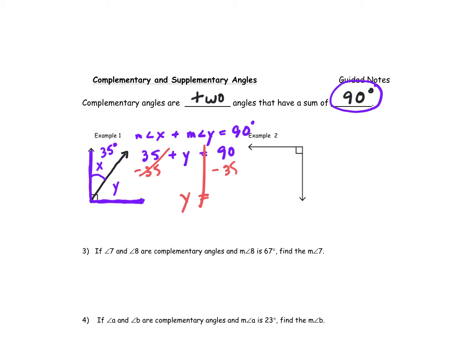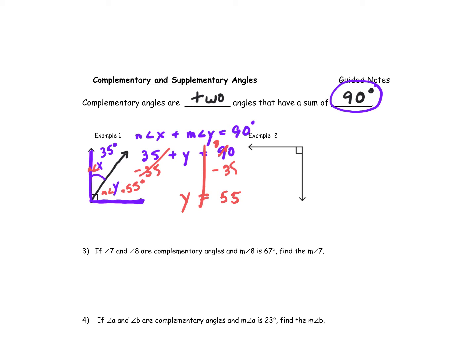On the other side, we're going to borrow from the 9, and we'll have 55. So Y equals 55, and those two numbers should add up to 90. So the measurement of angle Y is 55, and the measurement of angle X is 35. Let's look at our next example now.